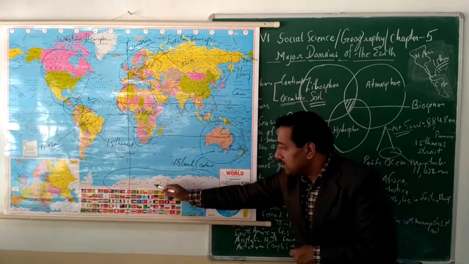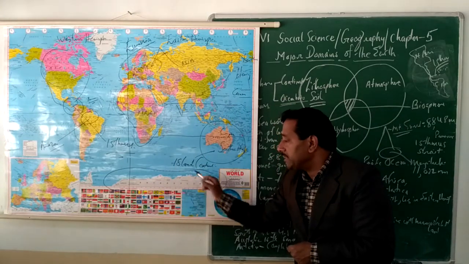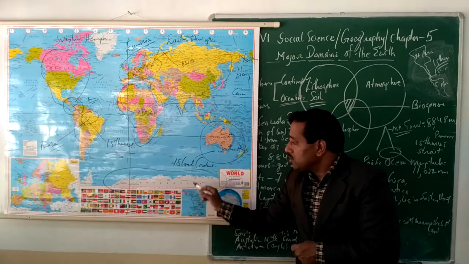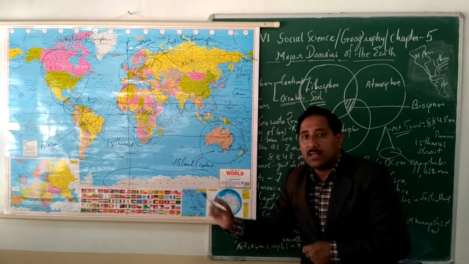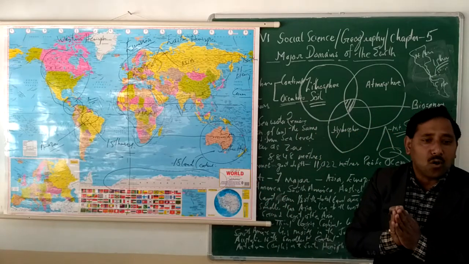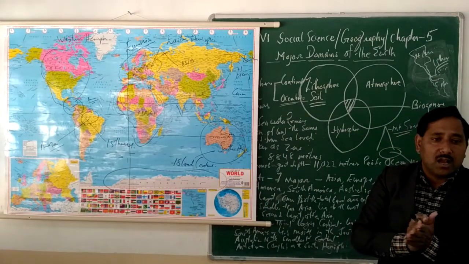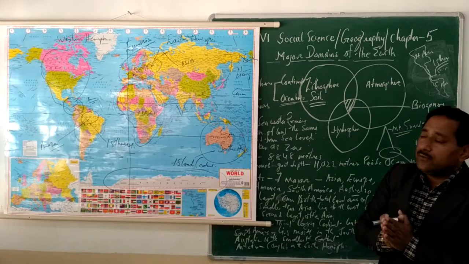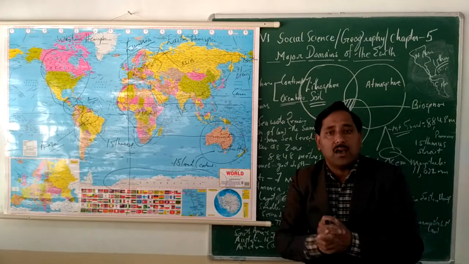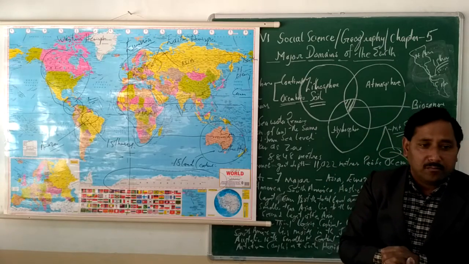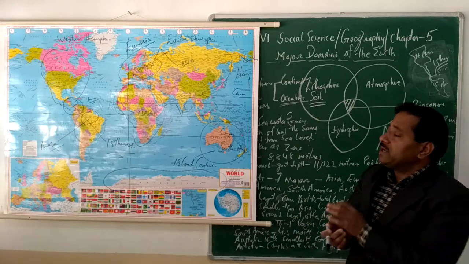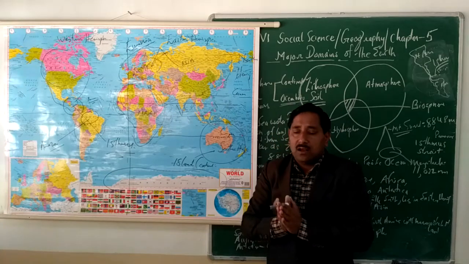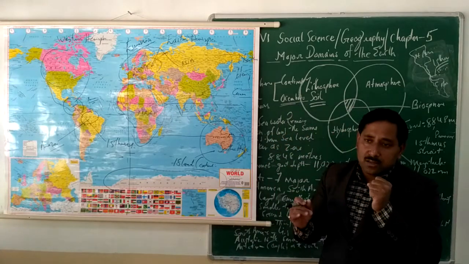Here you can see the white color is representing ice and snow. So it is completely full of snow. It is permanently covered with a thick sheet of ice, and there are no permanent human settlements in this area. It is not habitable.